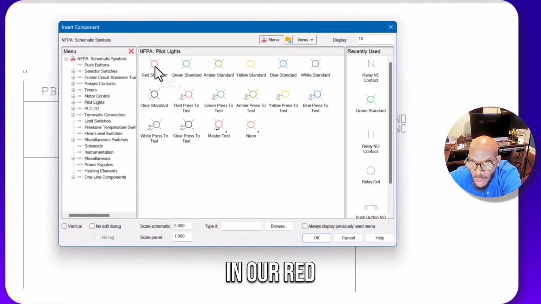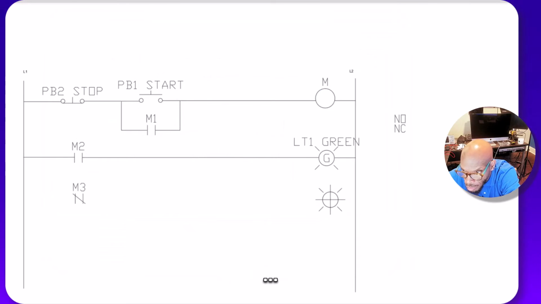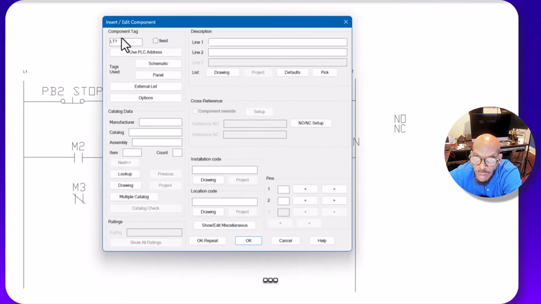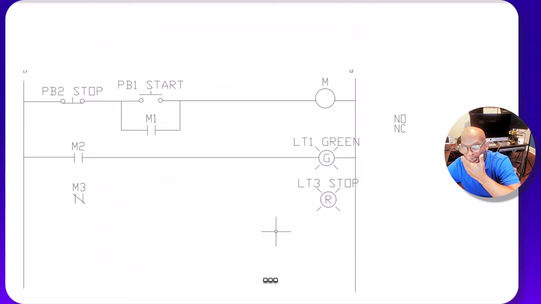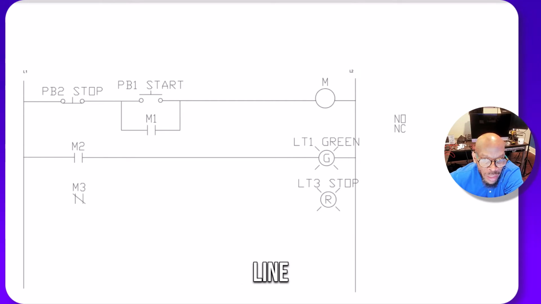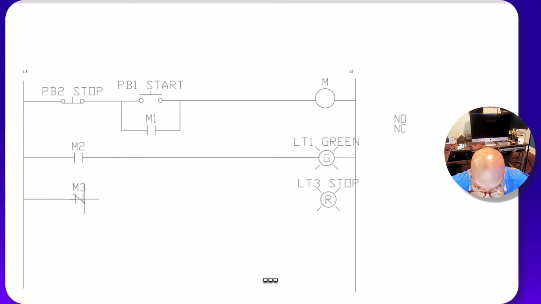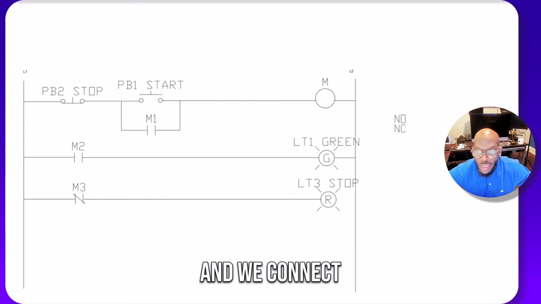We put in our red light, light 3, stop. Let's draw our line, and we connect it to neutral.